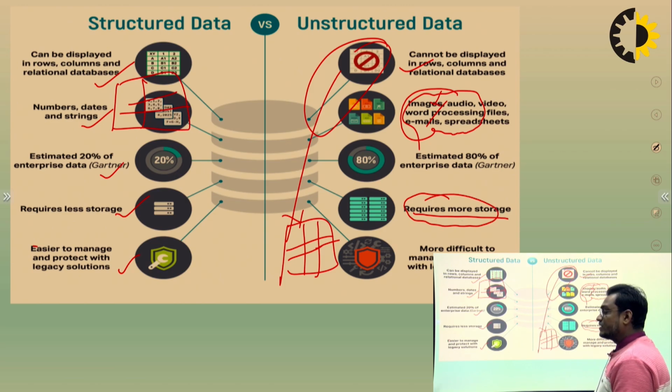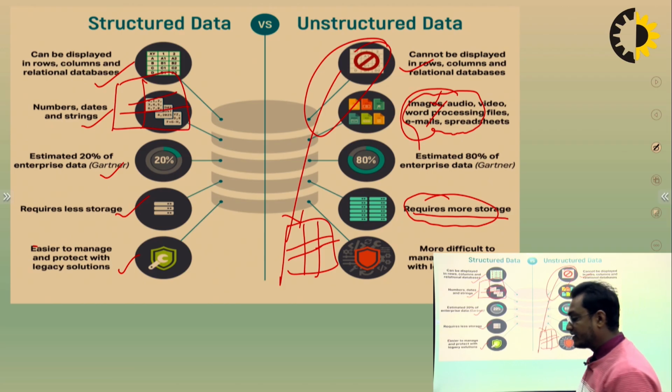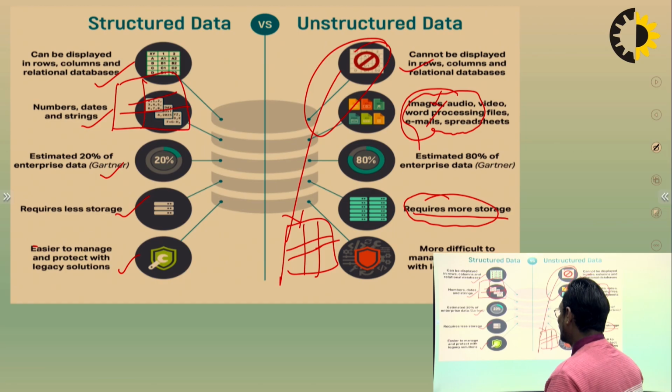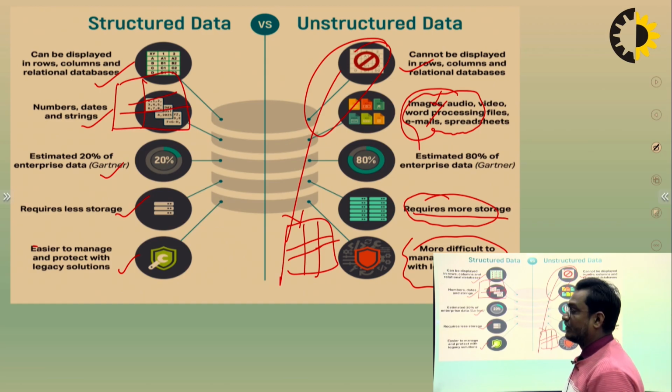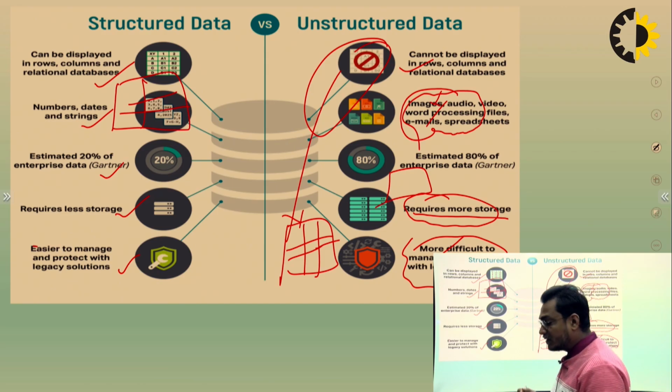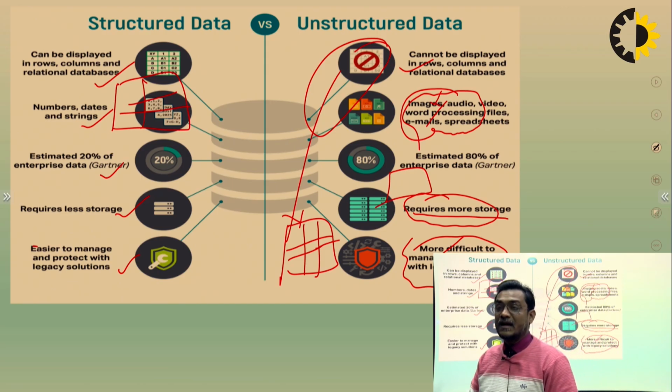because it is unstructured, and unstructured things are very difficult to manage and very difficult to predict. It is more difficult to manage and protect with legacy solutions. If you want to do something with unstructured data, it's very difficult because it doesn't have a format. It's very difficult to show in a formatted way.